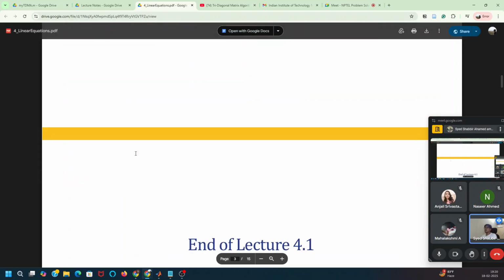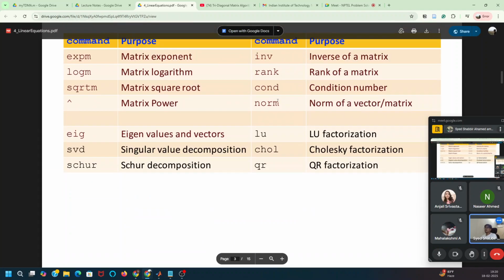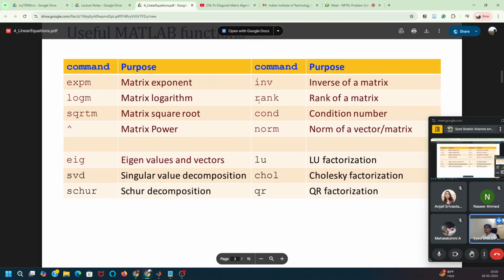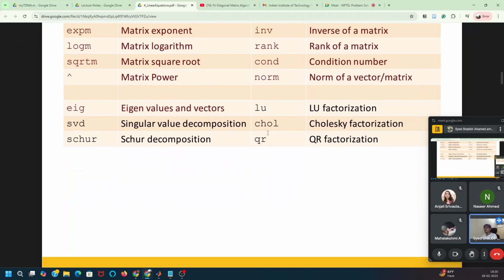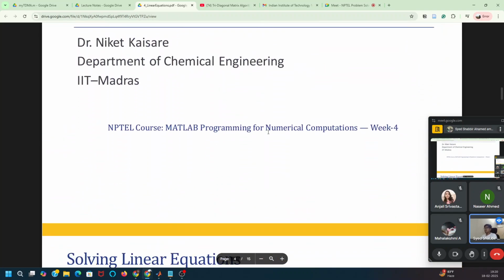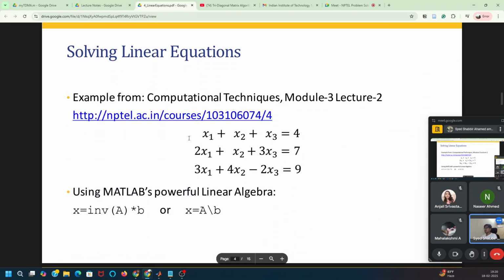So we have a lot of operations, like commands, which we can use whenever required. Like LU decomposition. Norm is nothing but finding the magnitude of a vector, or you can say the distance of the vector.